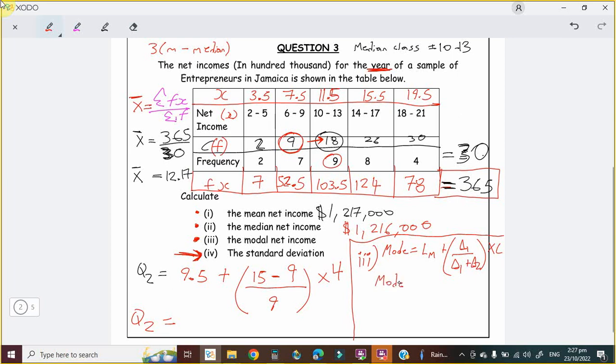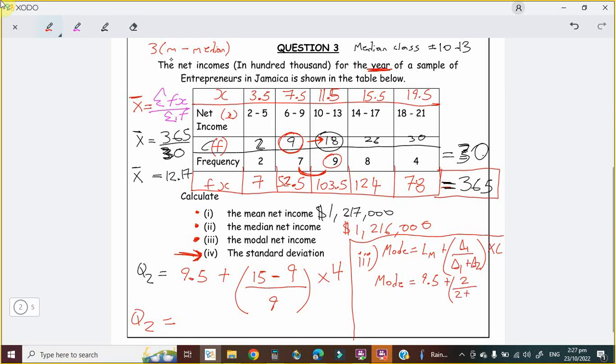As you rightfully said, we had the 9.5, the lower class boundary for the modal class. Now, delta 1 means the change from the class before the modal class to the modal class. What's the change in frequency? Yes, 2. So delta 1 is 2.